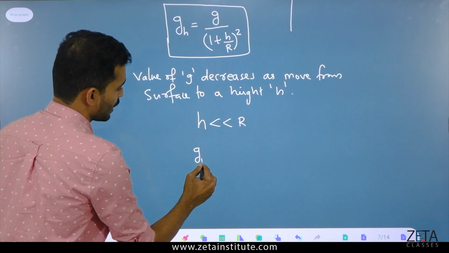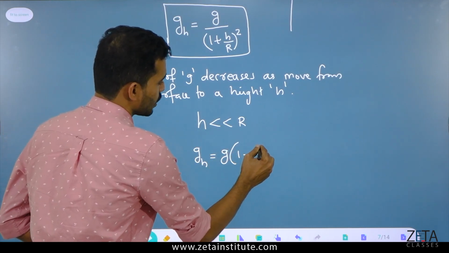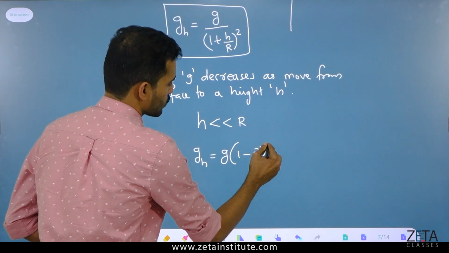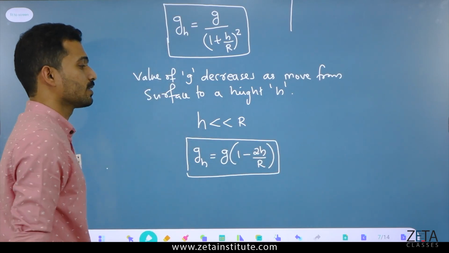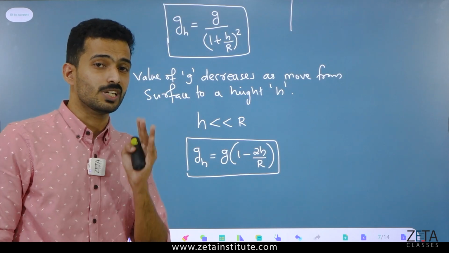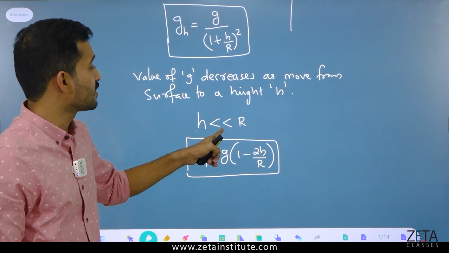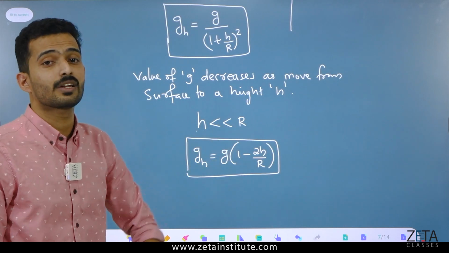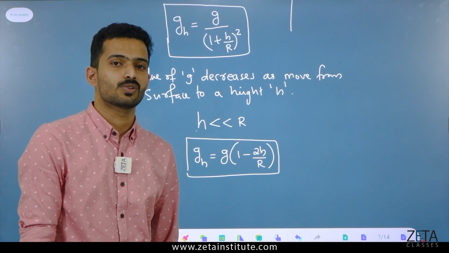That is given by gh is equal to g into 1 minus 2h by r. This equation can be used only for the height h, which is very less than the radius of the earth.